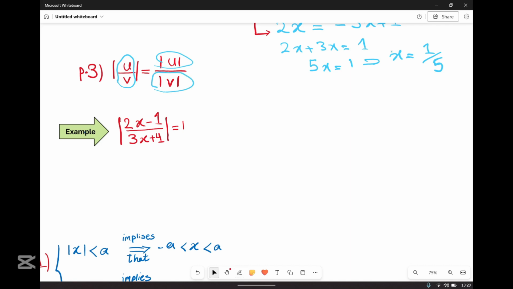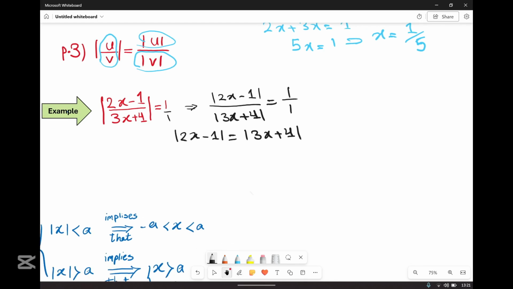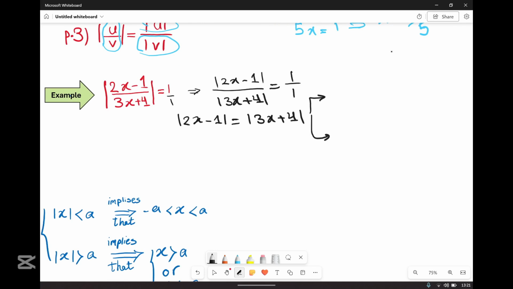For example, in this question, at the first we can separate it as the absolute value of 2x - 1 divided by the absolute value of 3x + 4 equal to 1, and then |2x - 1| equals |3x + 4|. From the previous example, we must know that 2x - 1 is equal to 3x + 4, and the other case is to equal it with the opposite side, therefore 2x - 1 equals -3x - 4.